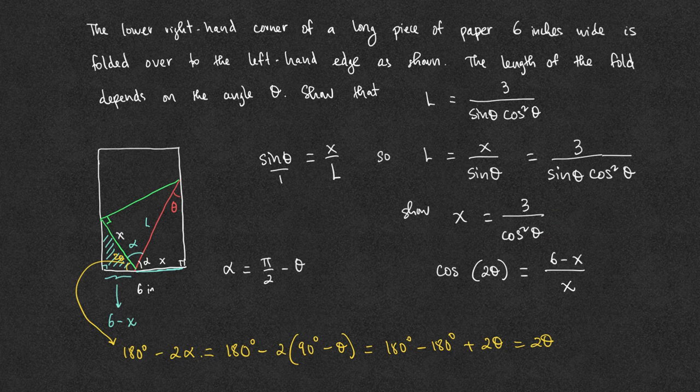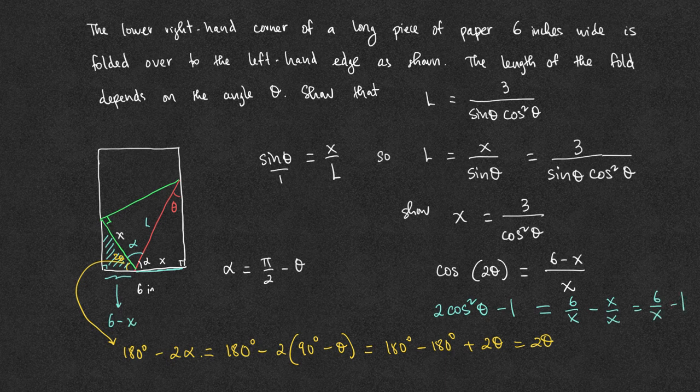So we will rewrite the double angle formula of cosine of 2 theta using cosine squared only. Cosine of 2 theta is 2 cosine squared theta minus 1, using the double angle formula. And on the right hand side, we have 6 over x minus x over x, which is 6 over x minus 1.